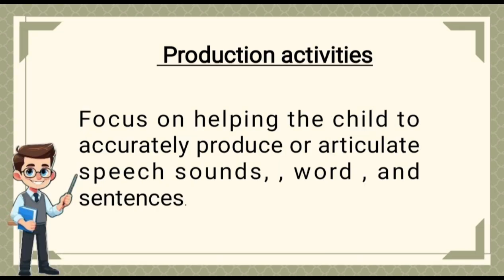The second one is the production activities. Production activities are exercises that help a child practice saying speech sounds correctly. These activities are done after the child learns to hear and recognize the sound differences through discrimination activities.